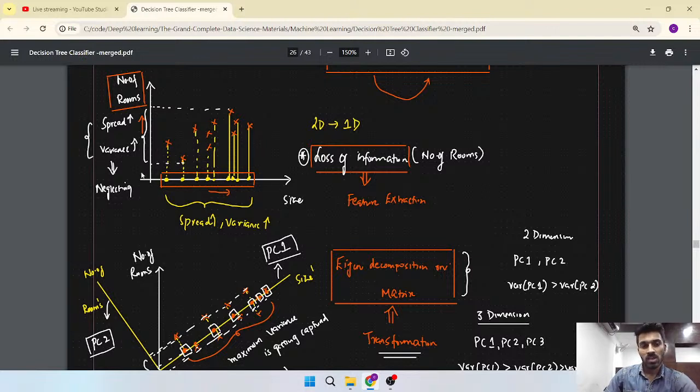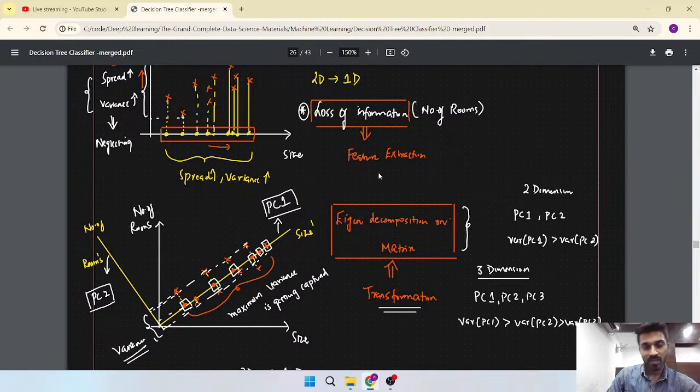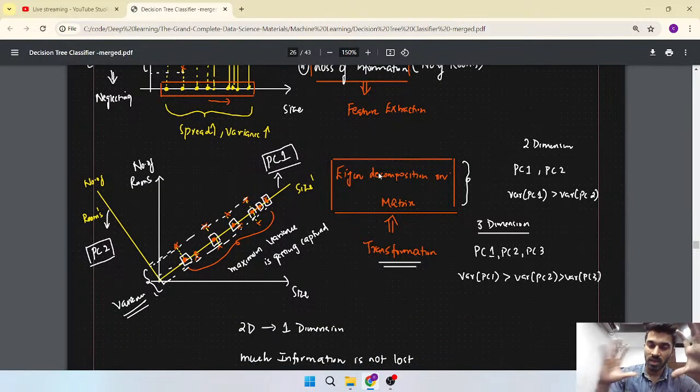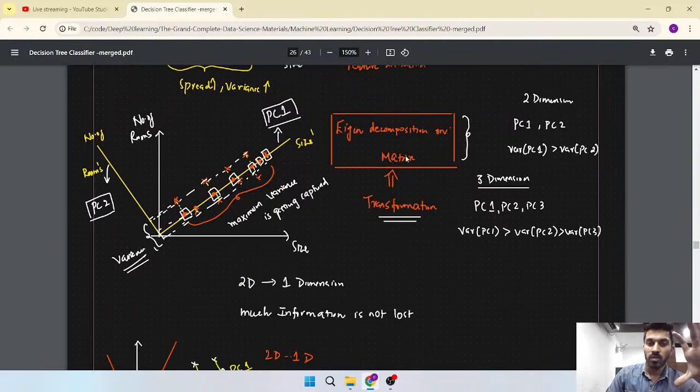So you will get some values. Here you can see the spread of variance of size, and a spread in the number of rooms, but after projecting you will get variance on one axis only, and the other is very low. So here you are losing a lot of information, the number of rooms, if you go from 2D to 1D. So we want something else, so that the loss of information will be less.